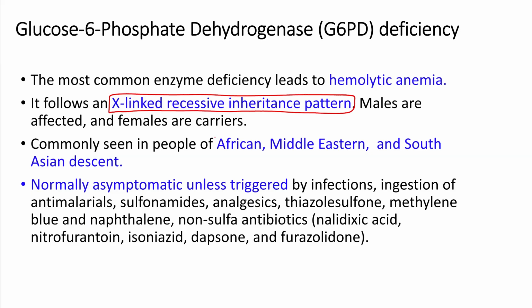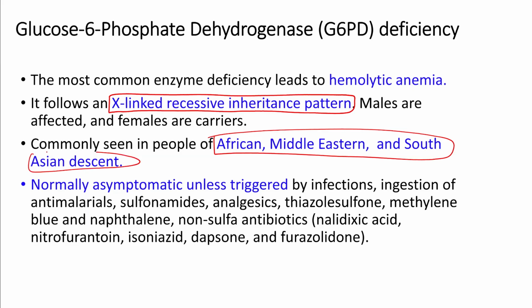And then it is commonly seen in African, Middle Eastern, and South Asian descent. There is a reason why G6PD deficiency is seen in Africa, the Middle East, South Asia, and also in the Mediterranean region.